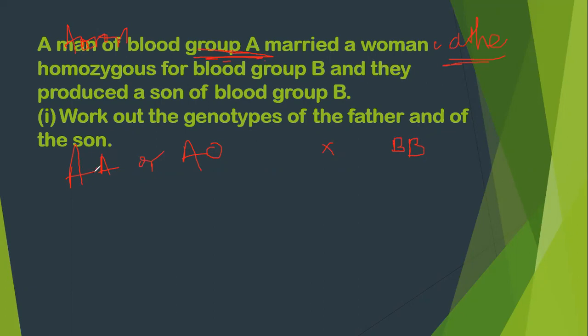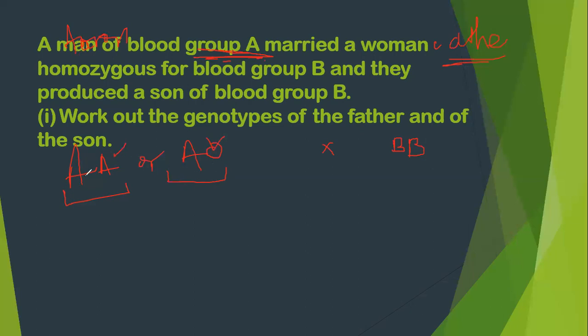Now, this is Aaron. They have just told us that Aaron is blood group A. They have not told us if Aaron is homozygous for A or heterozygous for A. So it means Aaron can be this or can be this.